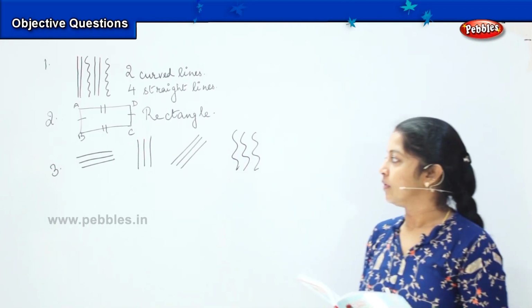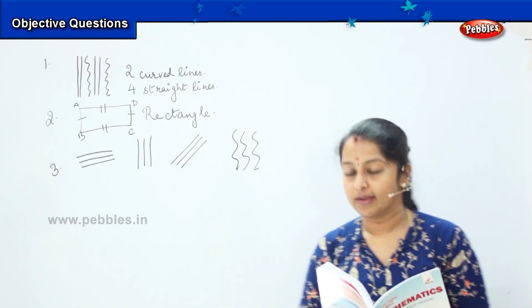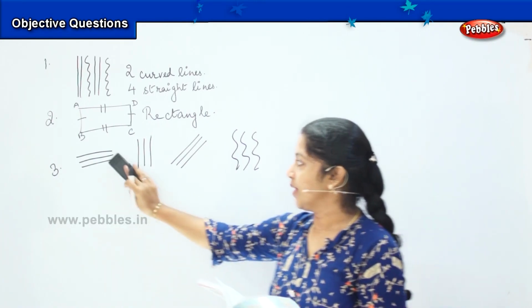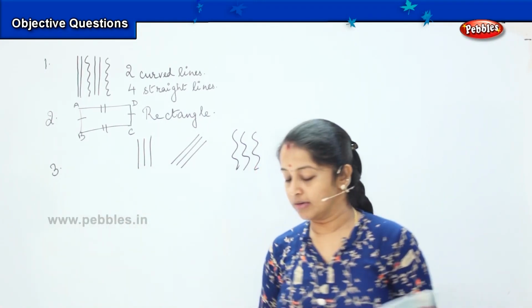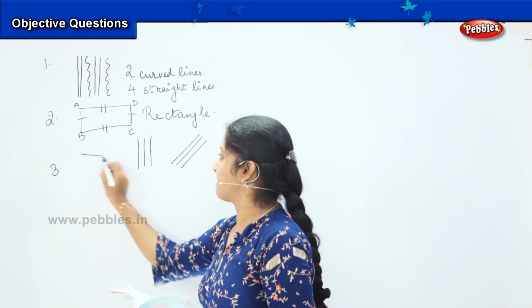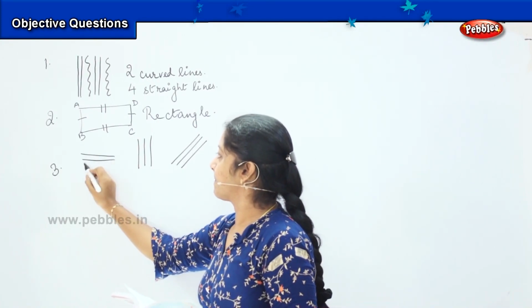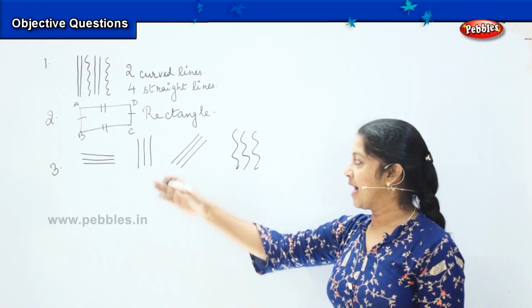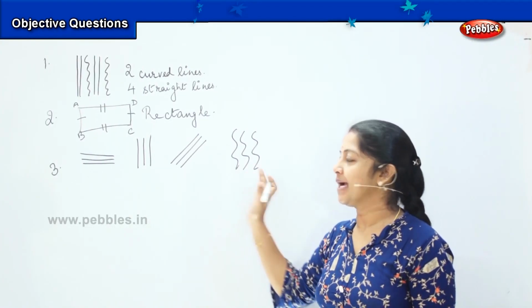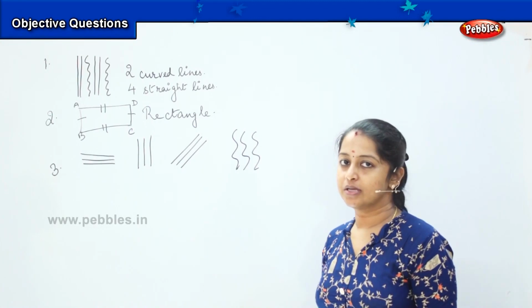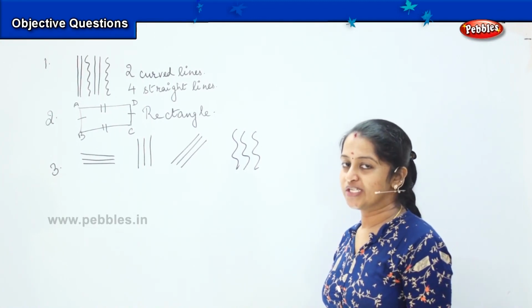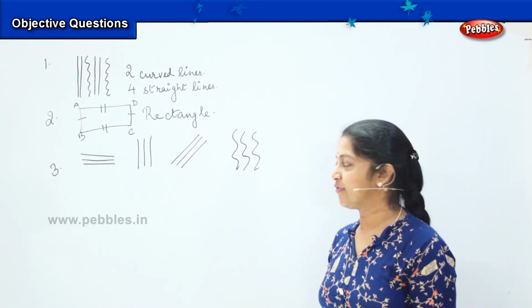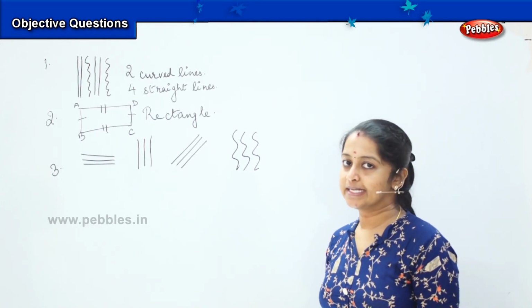Now, you have to identify and tell me which is a curved line. Okay, children, I have got few straight lines and few curved lines drawn on this board. Now, your question is, you have to identify which is a slanting line.